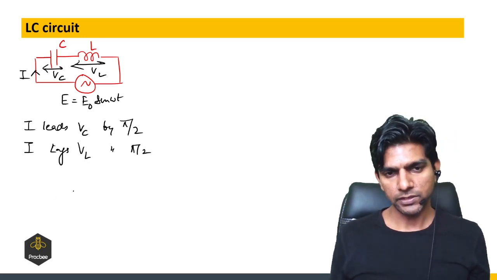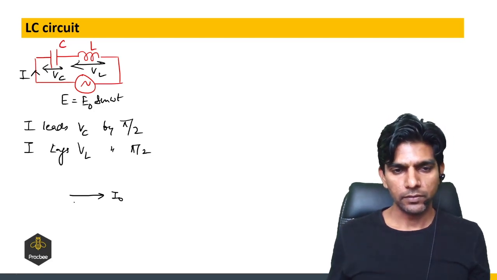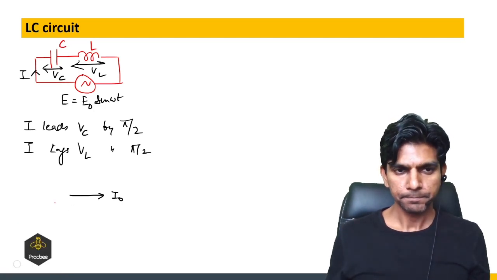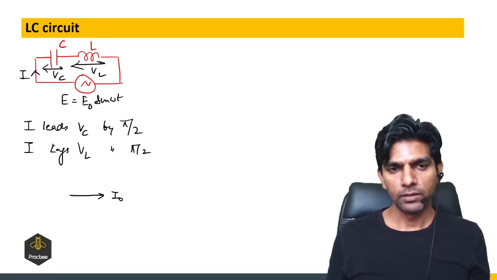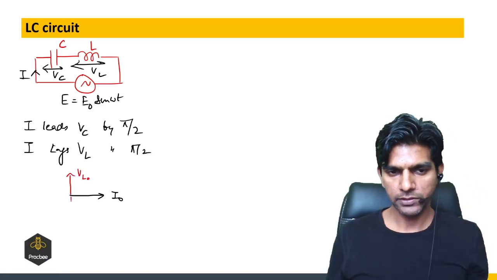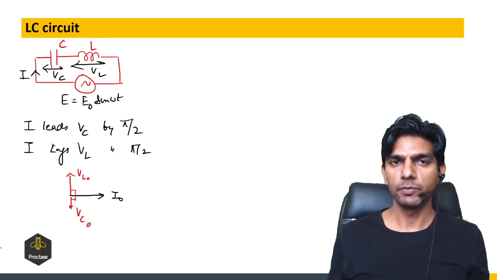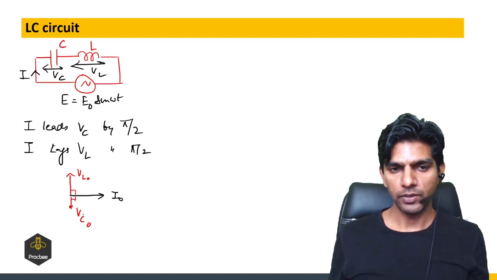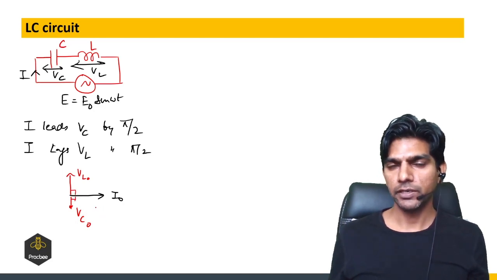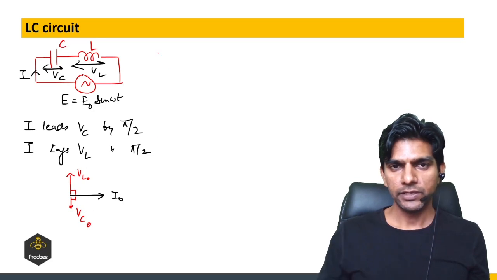So if I draw the phasor diagram, if this is I naught and then VL, so current lags, so this will be VL naught, and this will be VC naught, right? This will be 90 and this will be 90, because in case of capacitor, current leads, in case of inductor, current lags by 90.